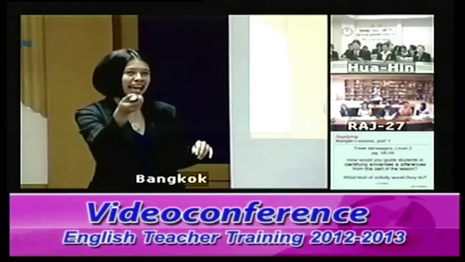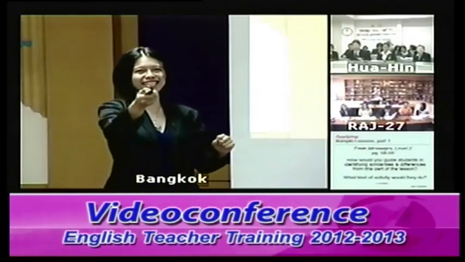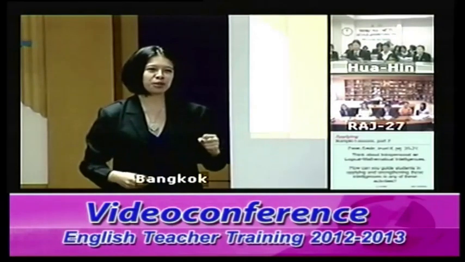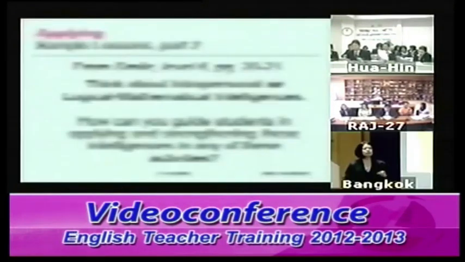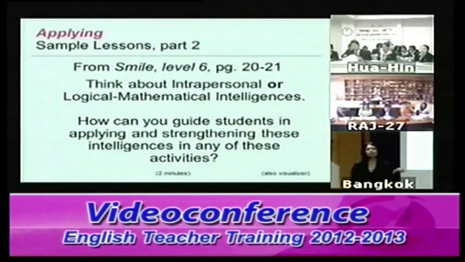So now our last activity. Too bad it's our last one, but I'm sure some of you are ready to eat. Okay, so this one is from a textbook called Smile for level 6 students, page 20-21.